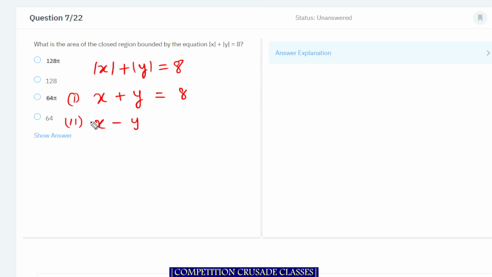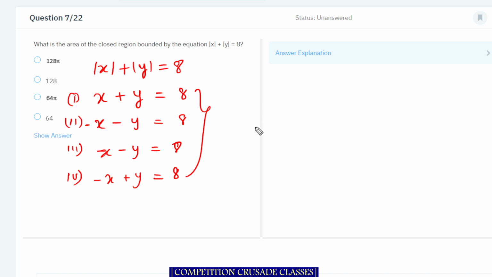x minus y, sorry, minus x minus y is equal to 8. Third one can be plus x minus y is equal to 8, and a fourth equation will be minus x plus y is equal to 8. So these are the 4 equations, and these are 4 lines also.